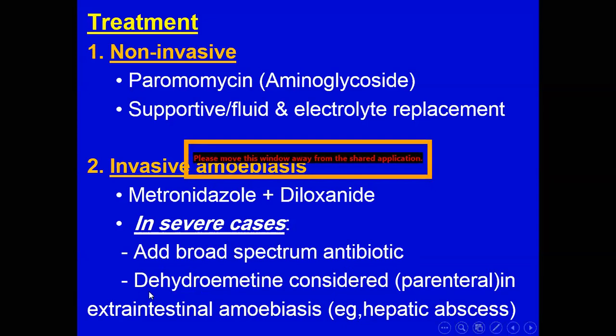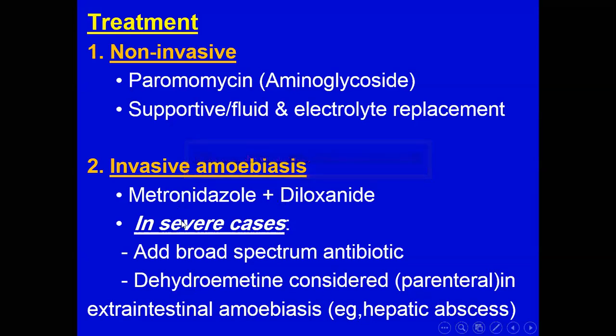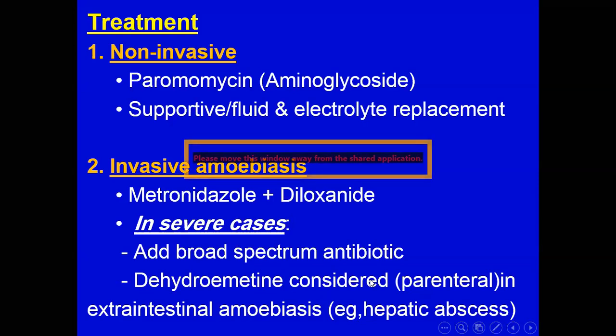And you can use the old treatment from many years ago, dihydroemetine, parenteral by injection. Especially it is used when you have extraintestinal amoebiasis, for example, hepatic amoebiasis. So in severe cases, you use a broad spectrum antibiotic and dihydroemetine as injection. Remember, dihydroemetine.